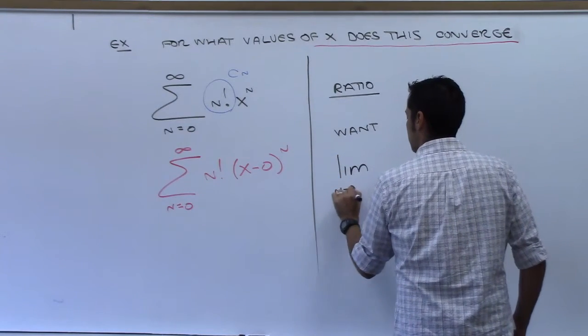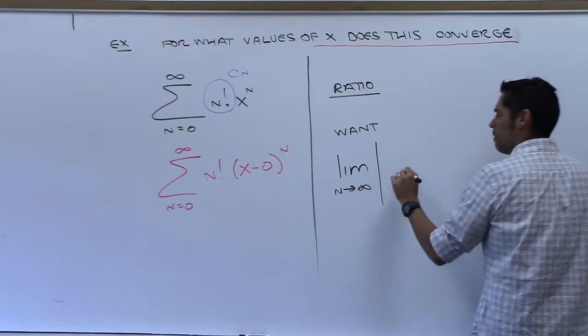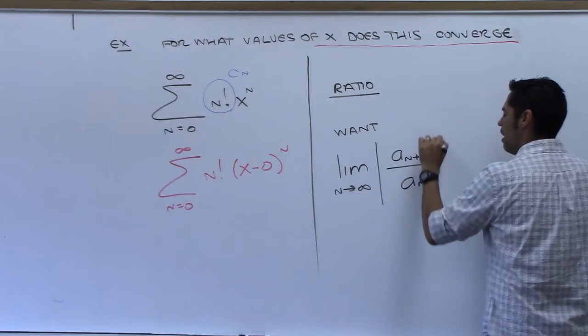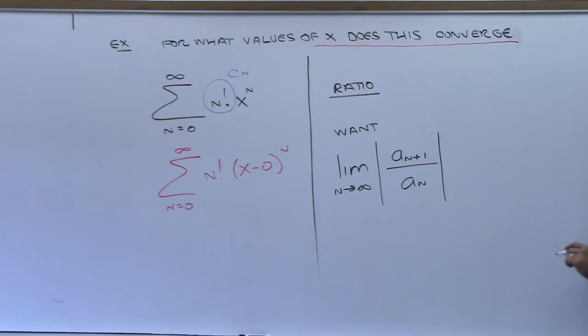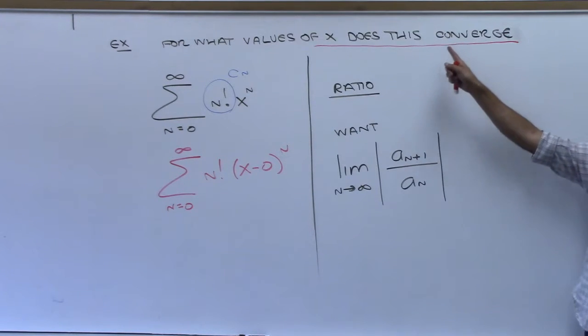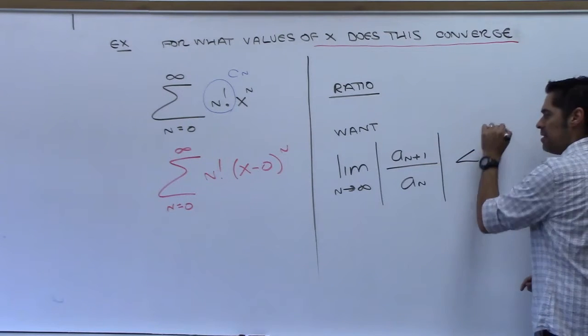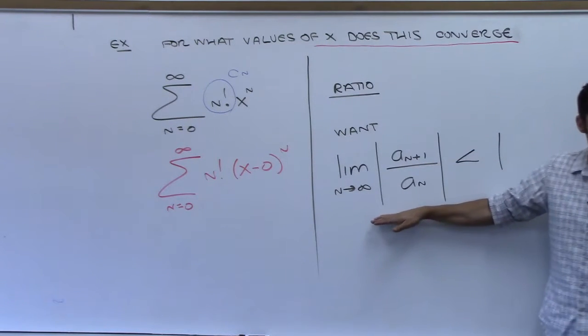I want to set up a limit as n goes to infinity of a sub n plus 1 over a sub n, right? That's what I want. But for this to converge, I want that to be less than 1. This is the big inequality that I have to make sure holds.